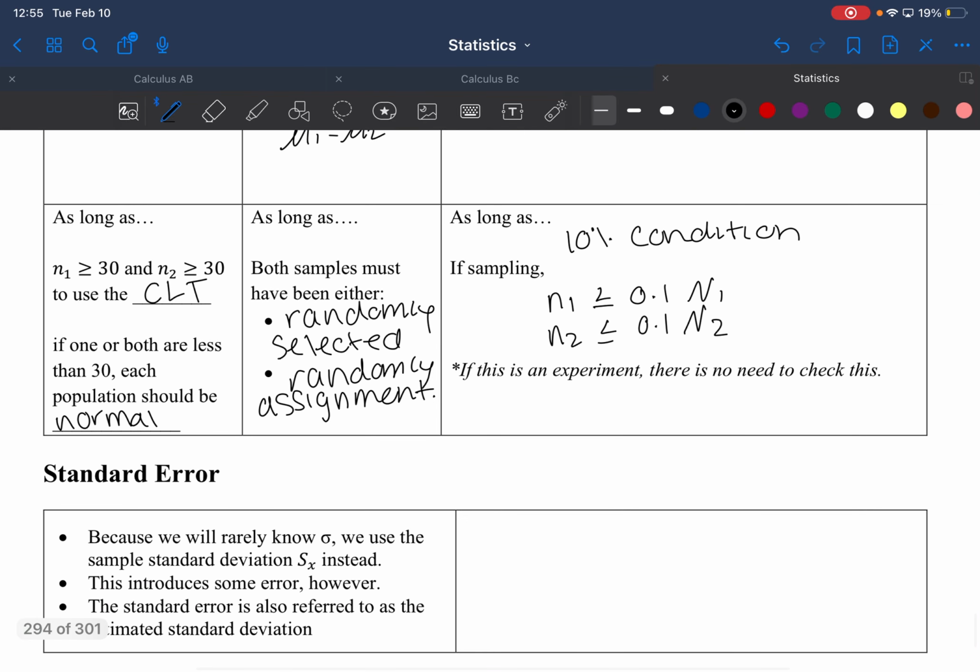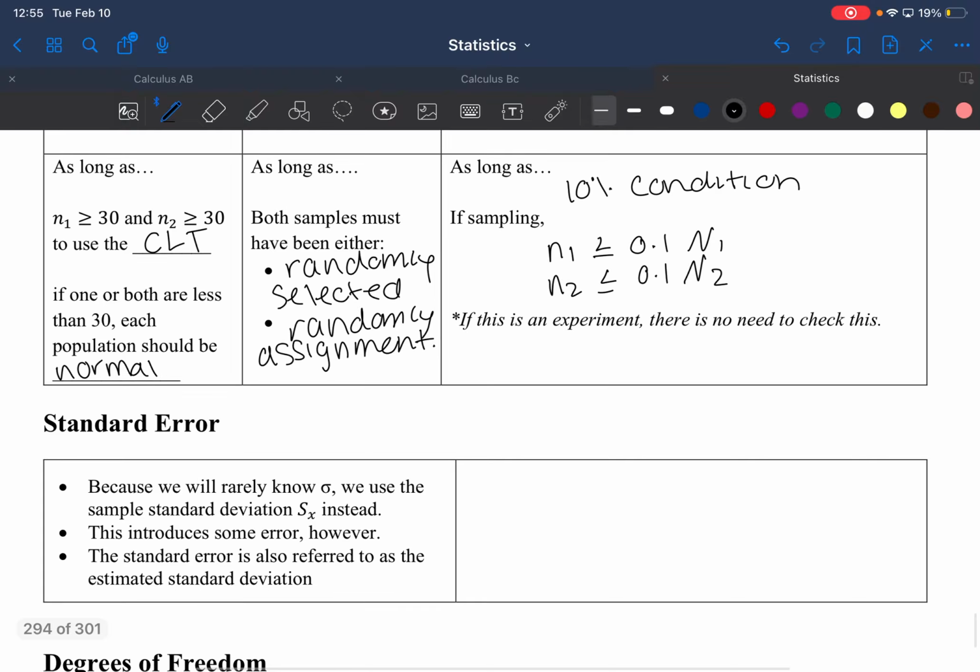The next part is standard error, and what that means is we need to use S to estimate sigma, because when we're dealing with the FRQ, or type of inference, we don't always know sigma, so we have to estimate it by using the sample standard deviation S, which means instead of having the equation above for spread, we have this equation instead.